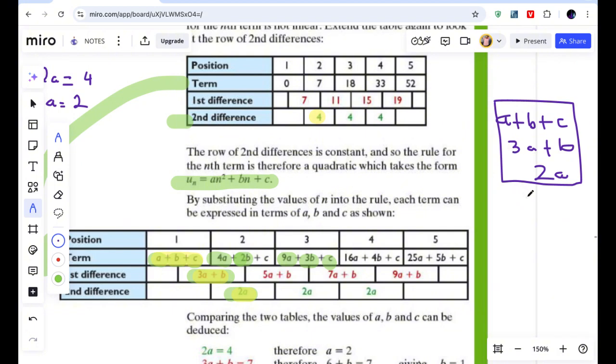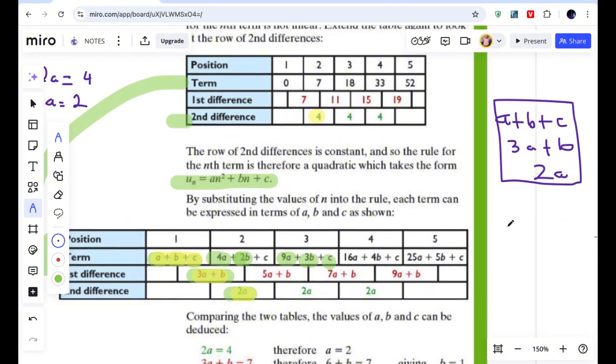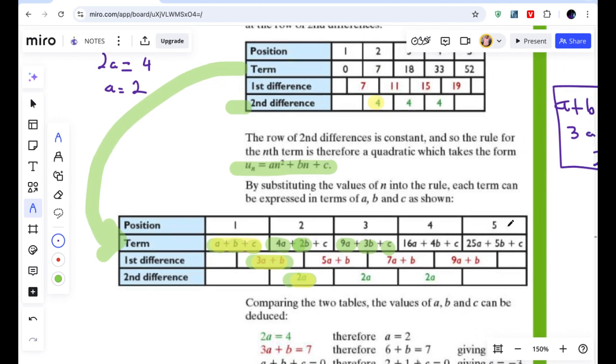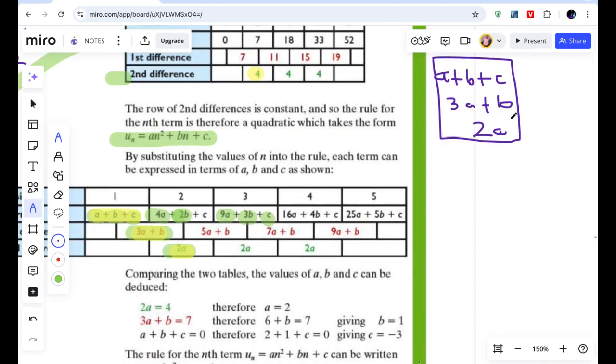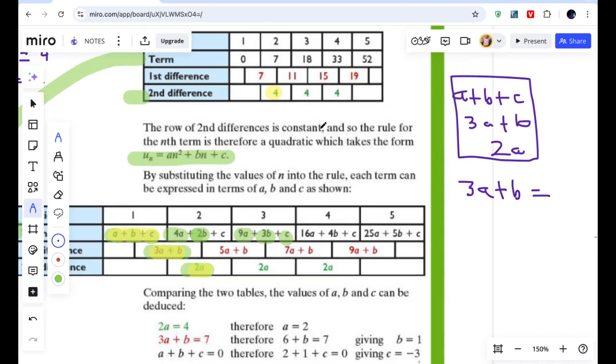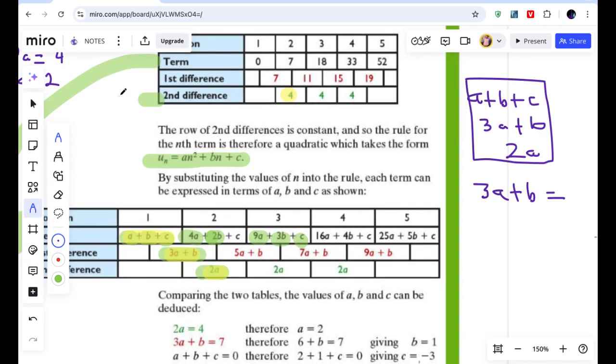Then, we already found A. Now, let's find B. To find B, follow 3A plus B. 3A plus B is equal to what? You go to the corresponding position, the first level difference. 3A plus B is the first level difference, which is 7.